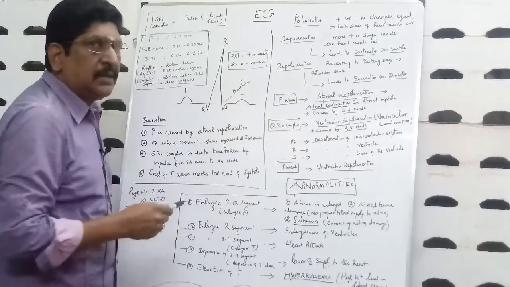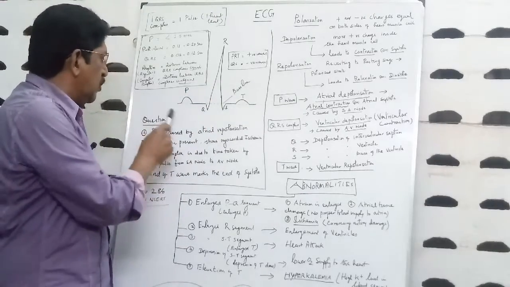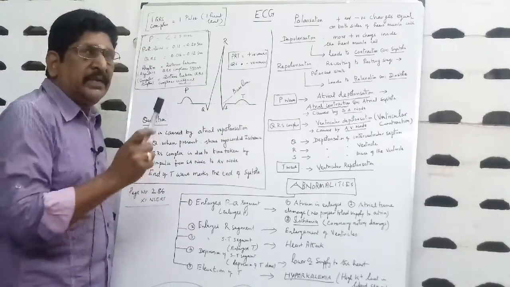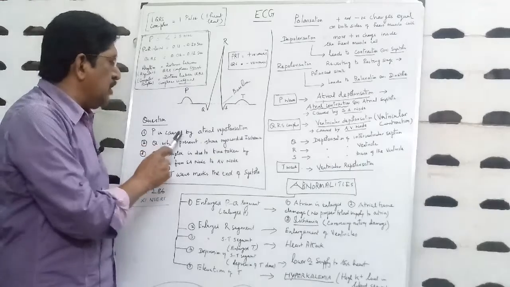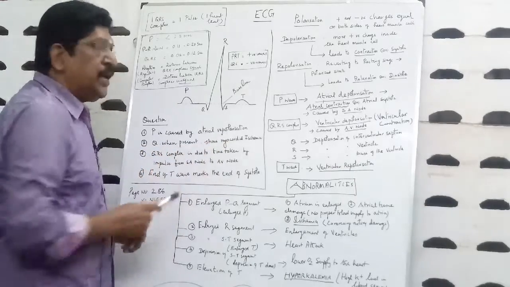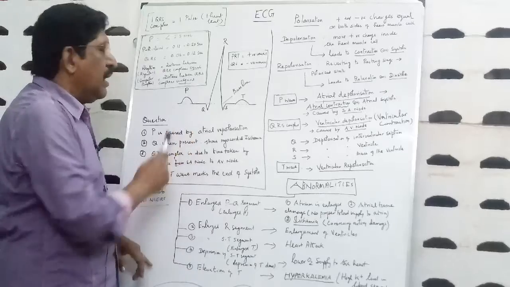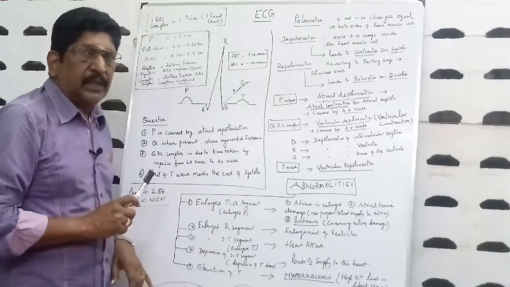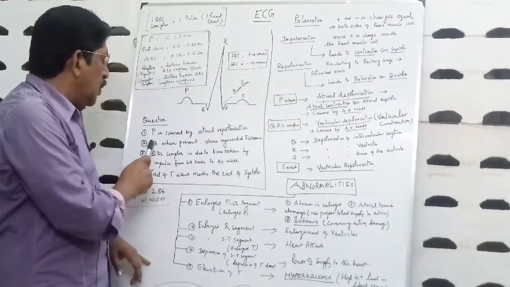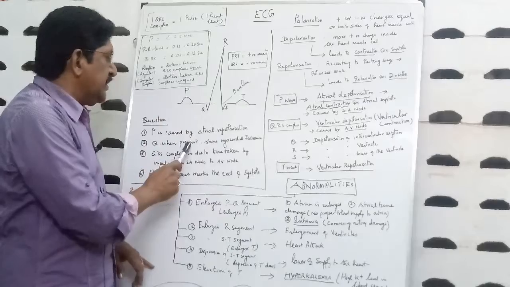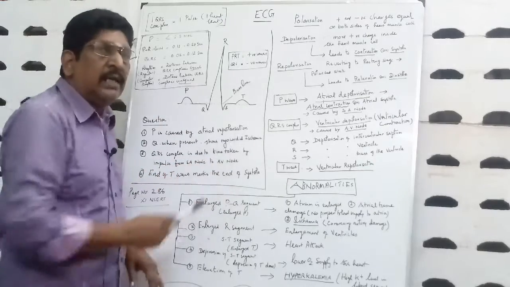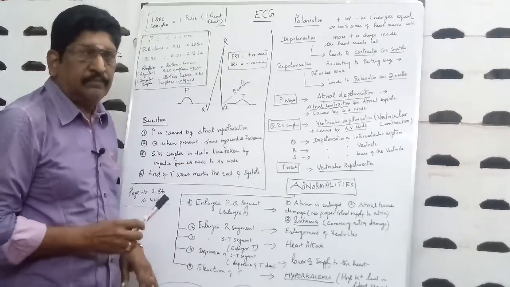QRS T waves, and here is the question. Option number 1, P is caused by atrial repolarization. Option number 2, Q when present shows myocardial ischemia.